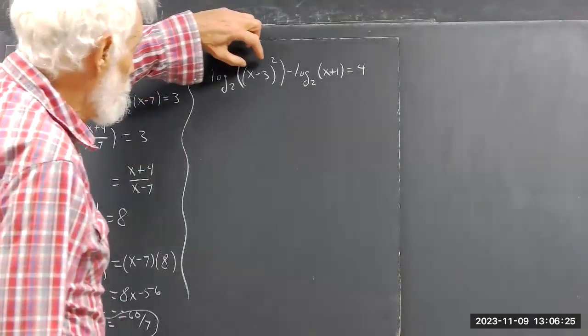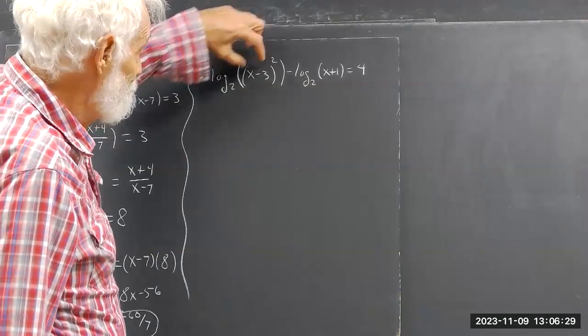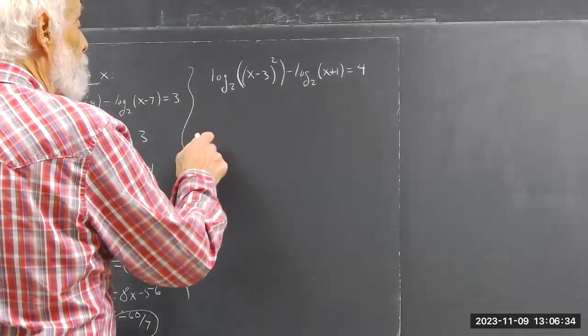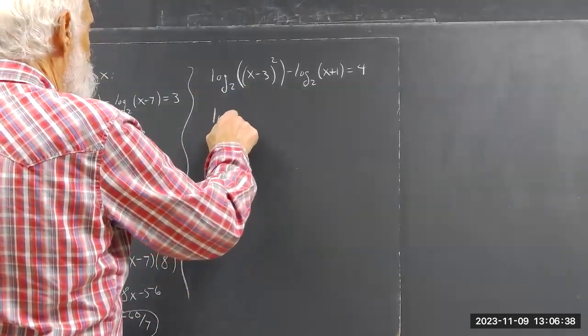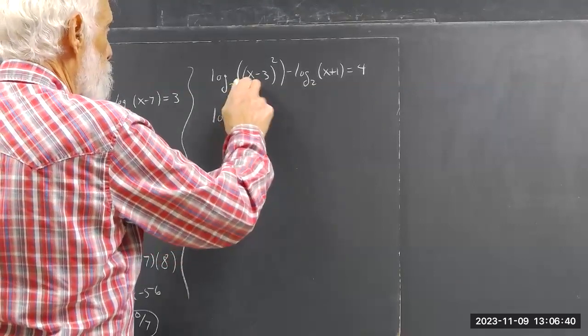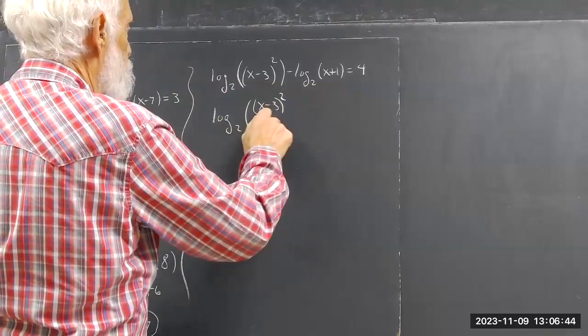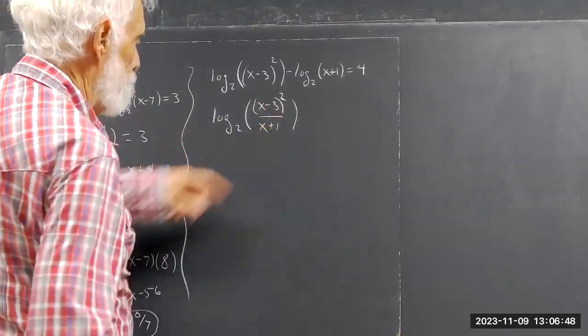So we admit the fact that the x minus 3 is in parentheses. That might be hard to see where you're sitting. Okay, so this minus this is your log base 2 of this over this.